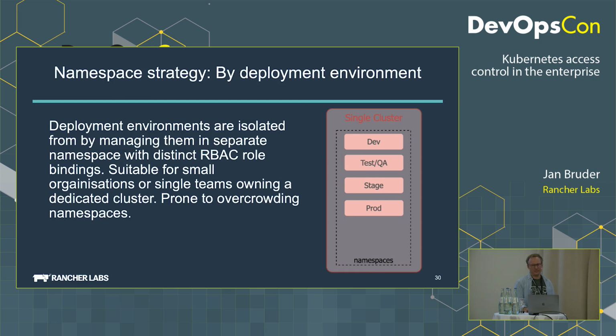You have a single cluster, and then you use namespaces to isolate your deployment stages. I think this is perfectly suitable for smaller organizations. It always depends on your requirements. You might have some strict requirements to not share physical resources between prod and pre-prod, but again, this can be different depending on where you are.